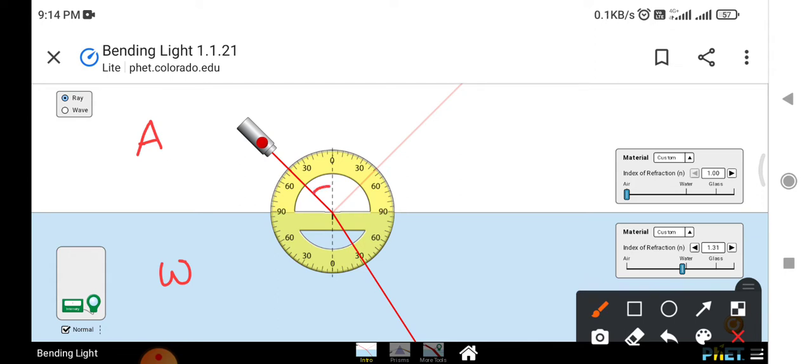And see the angles here: this is the angle of incidence, this is the angle of refraction. The angle of incidence is 45 and the angle of refraction is 30.